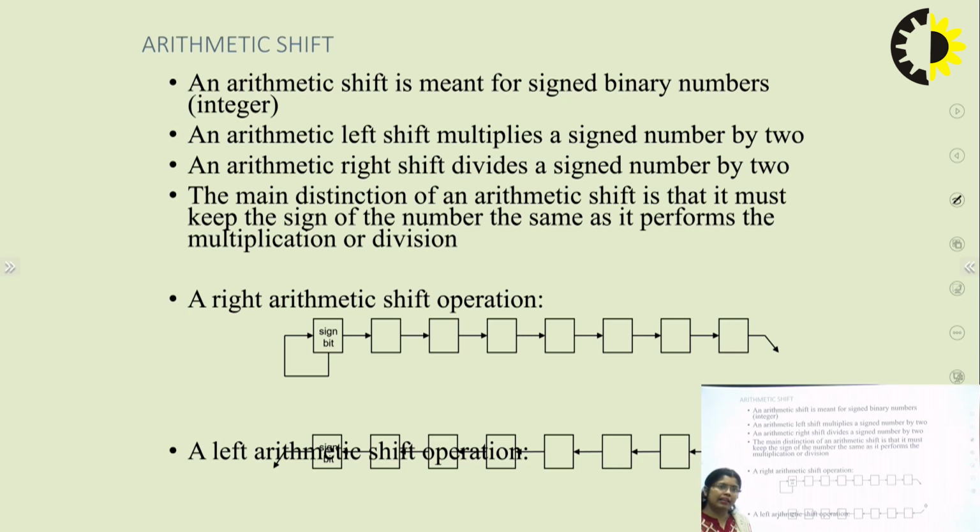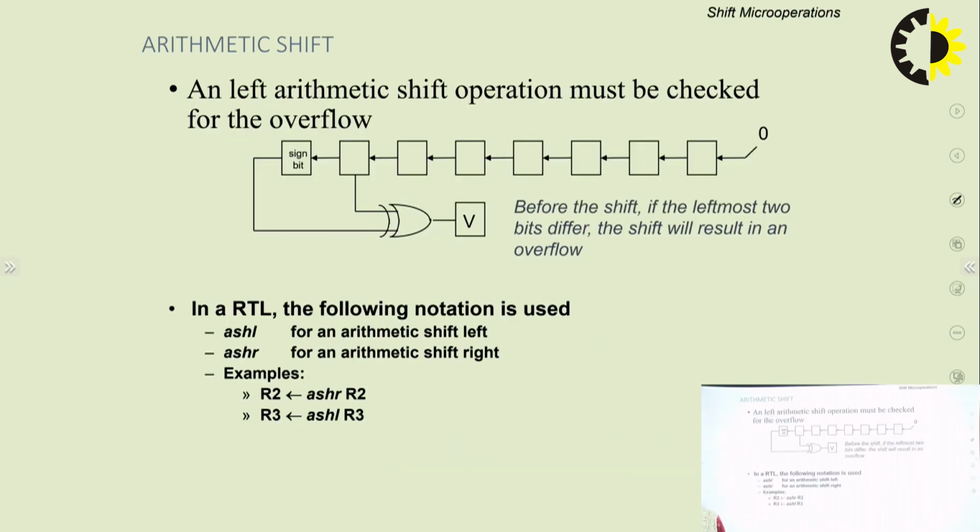Arithmetic shift again has two operations: a left and a right operation. In the arithmetic shift, one more thing we are going to consider is the overflow bit.